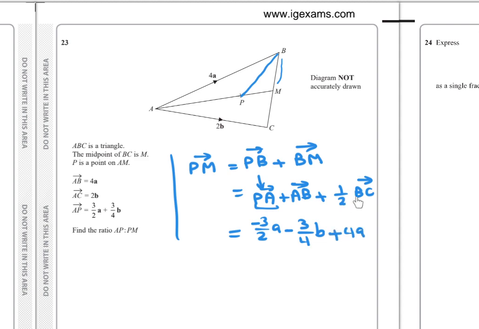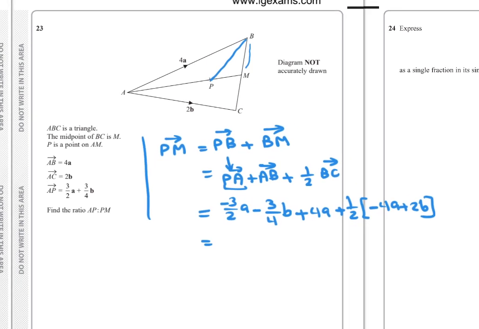Now for half BC. BC first is BA plus AC. So negative 4A plus 2B. So we have BC, which is negative 4A plus 2B.